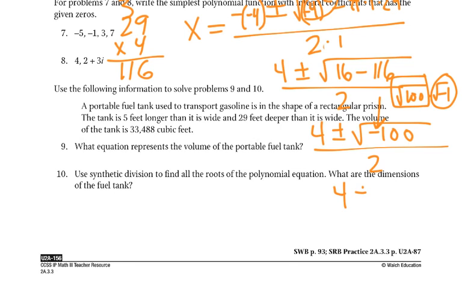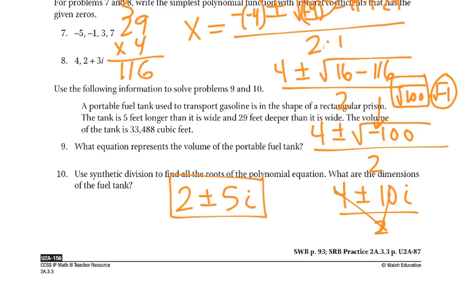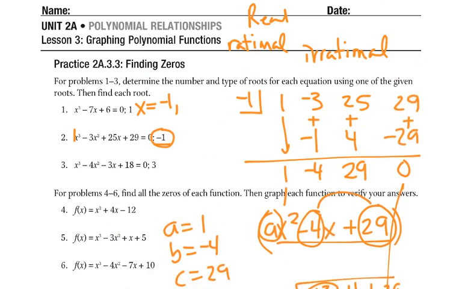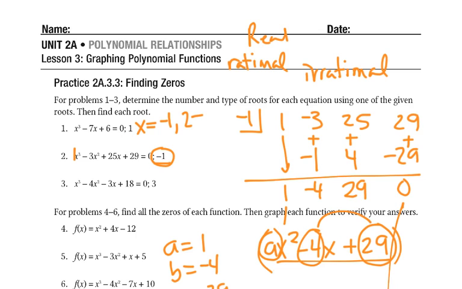So we get 4 plus or minus 10i over 2. Then 2 can go into 4 and 10, so we get 2 plus or minus 5i. So that's 2 imaginary roots. Okay? So we have 1 real and 2 imaginary.